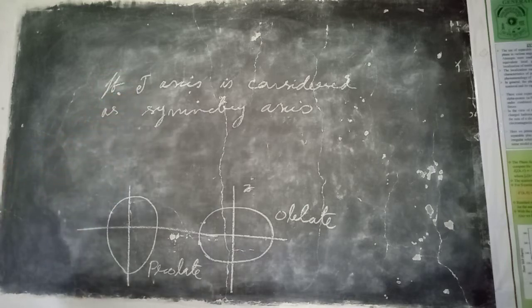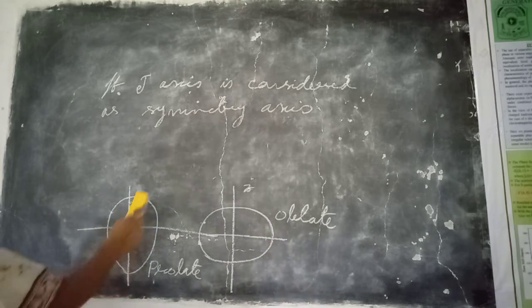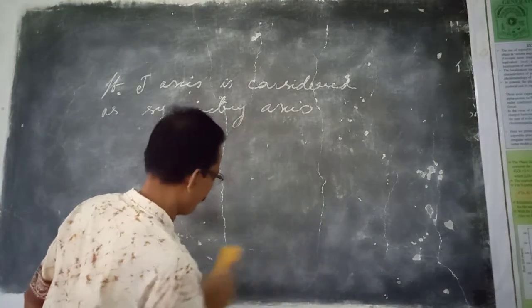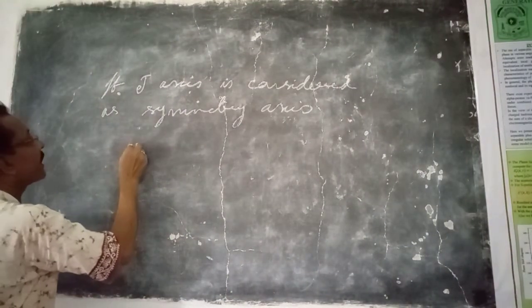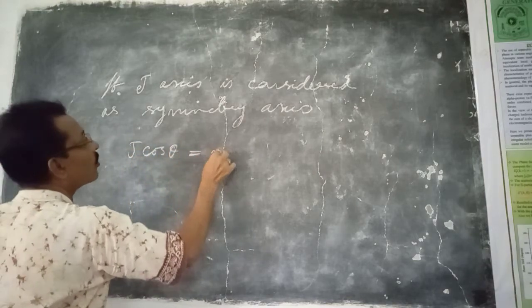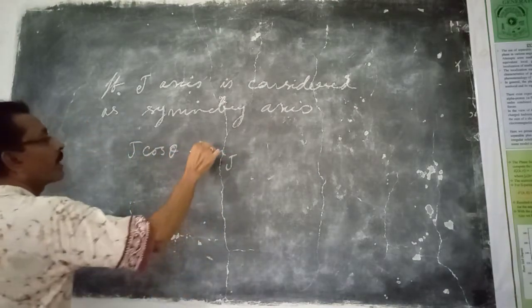Now in that case, what we get is cos theta, the angle between them, then we get J cos theta equal to mJ, that is a numerical value.